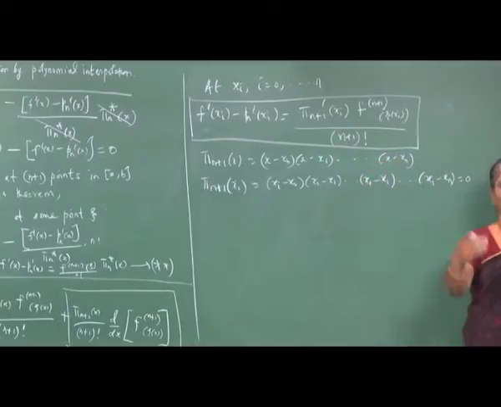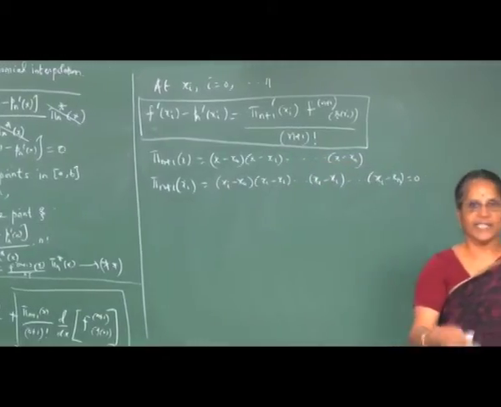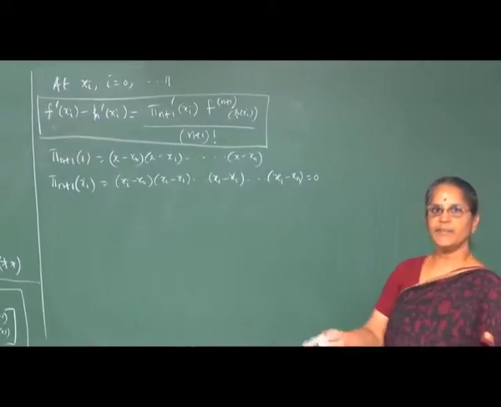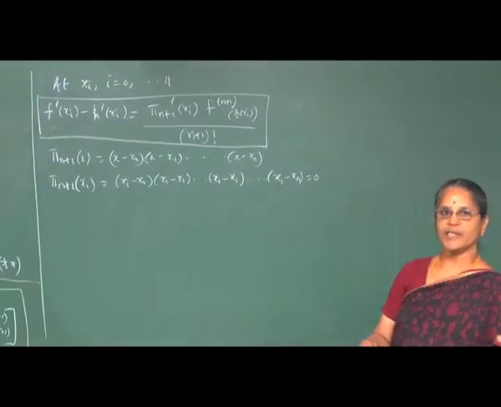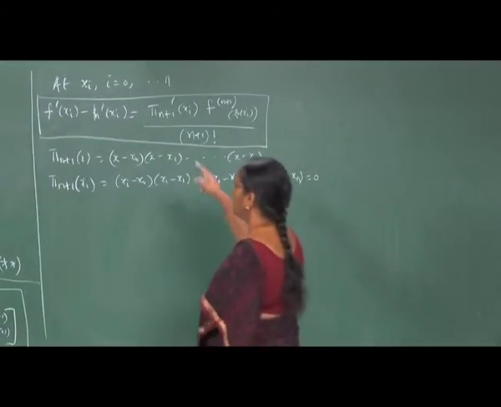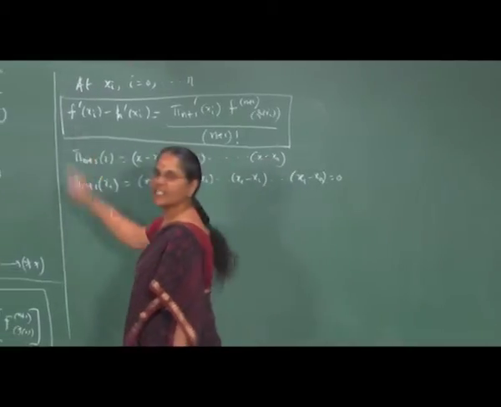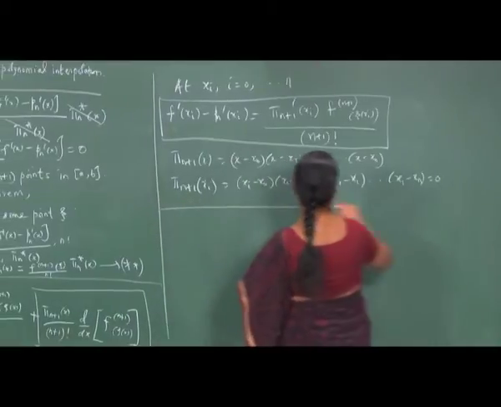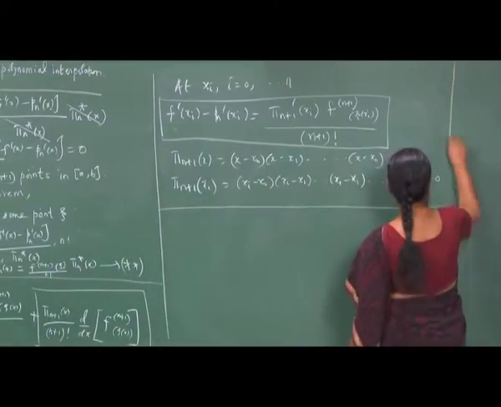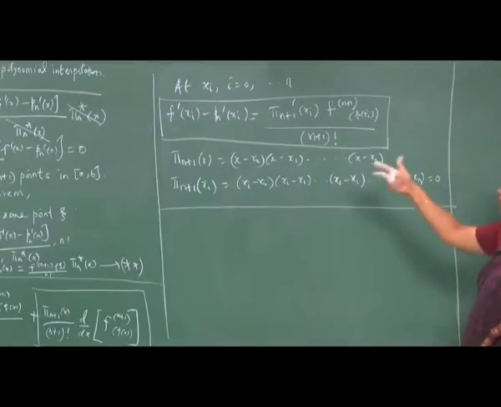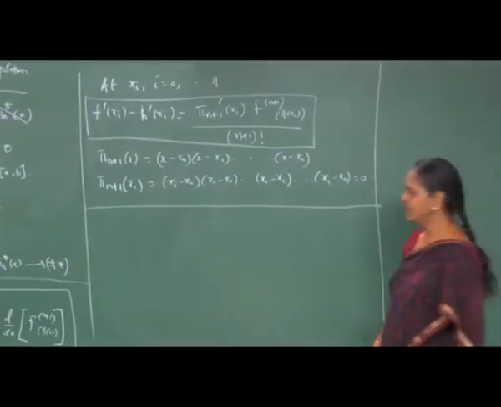So, at the nodes we have an expression by means of which we will be able to obtain an estimate on the approximation that we have made in estimating what f dashed is. So, let us illustrate this by means of, say, a quadratic interpolation polynomial and obtain what this error is.